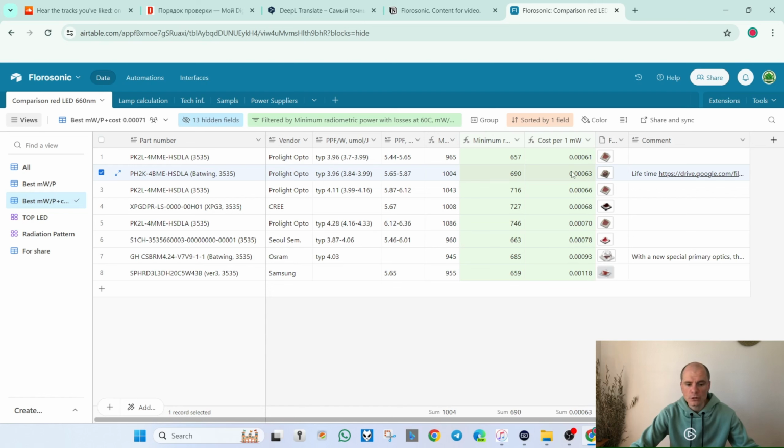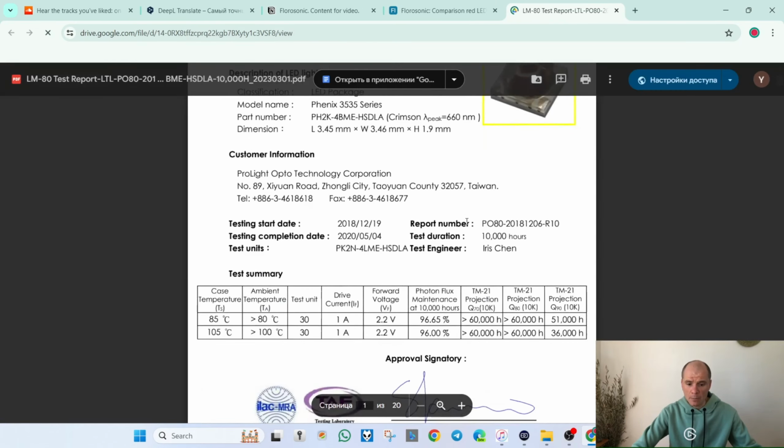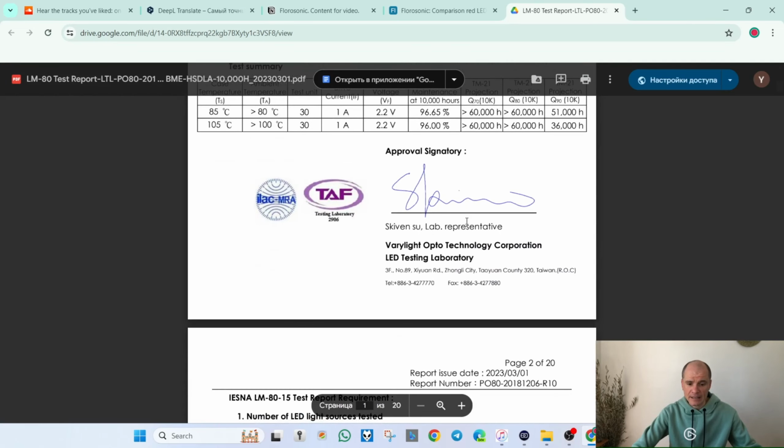One more important point that affects the choice of LEDs is lifetime. I am going to show the lifetime of this LED. Here you can see at 1 ampere and 85 degrees on case, a 20% reduction in radiometric power will occur after more than 60,000 hours and a 10% reduction after 51,000 hours.